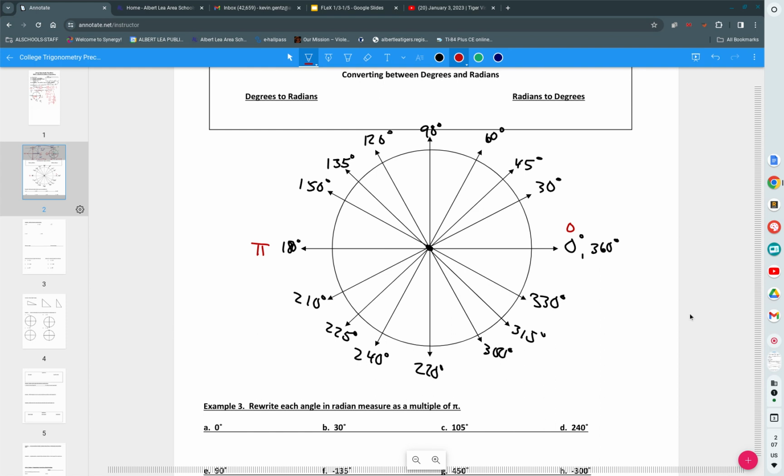The most important thing you need to know right now is that pi and 180 are the same. From here, you want to be able to produce the rest of the radians, okay? If 180 is pi, what is 360? 2 pi.